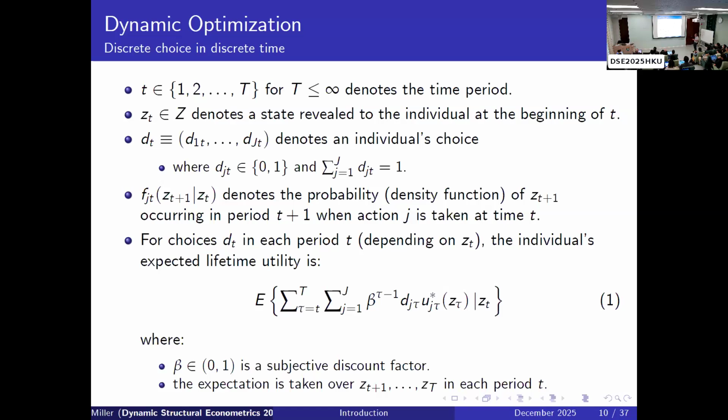For each of these choices, d_t is a whole vector. Only one of these is 1, the other is 0. So only one of these u's counts, namely the u for the choice that you pick. You get some current utility that depends on the state variables, and everything else is relevant again to the individual.